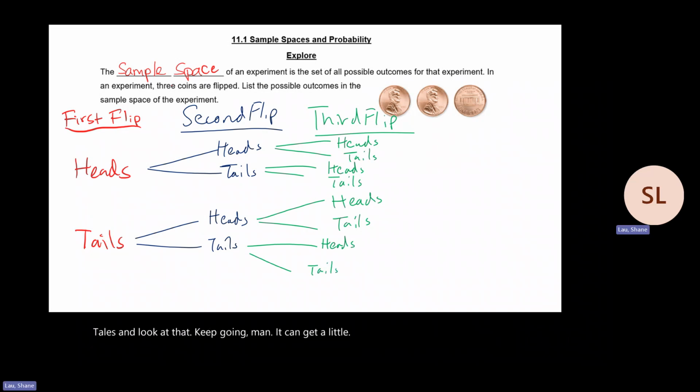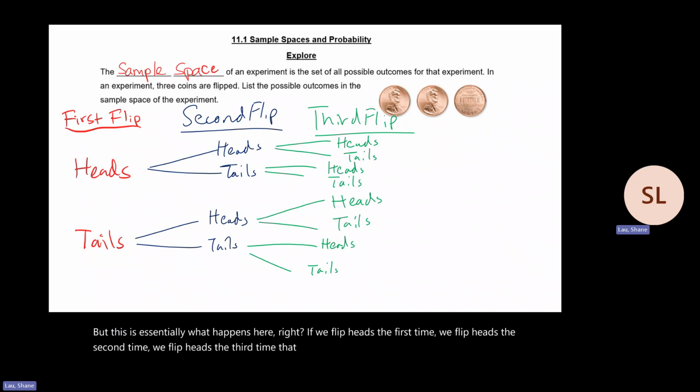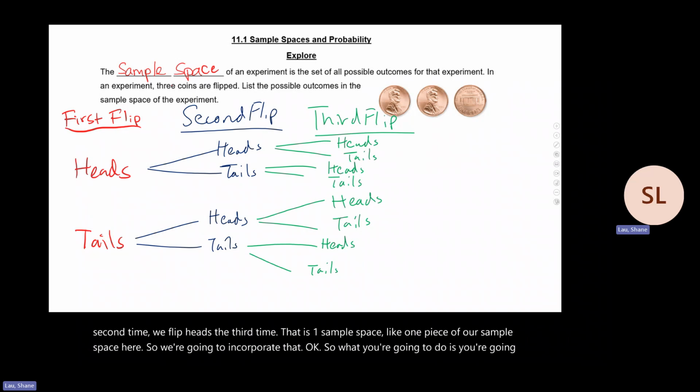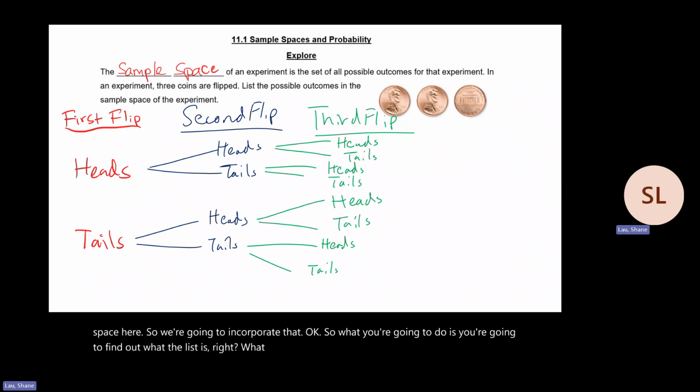But this is essentially what happens here. If we flip heads the first time, heads the second time, and heads the third time, that is one piece of our sample space. So what you're going to do is find the list of your sample space, using this tree diagram to help you.